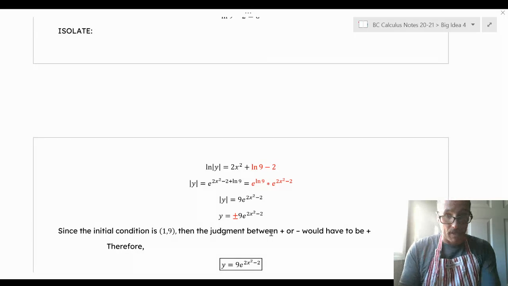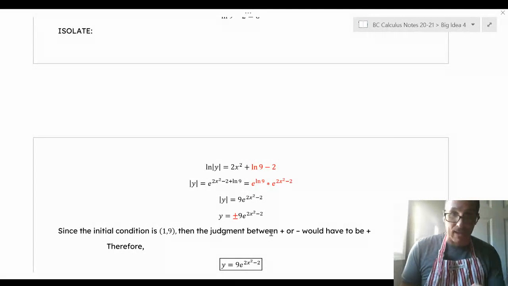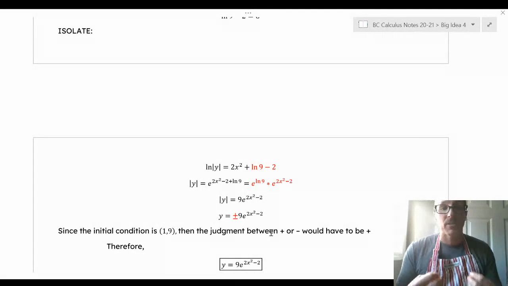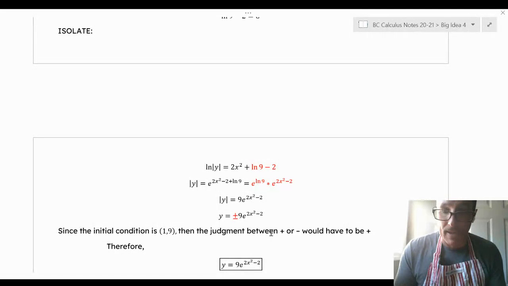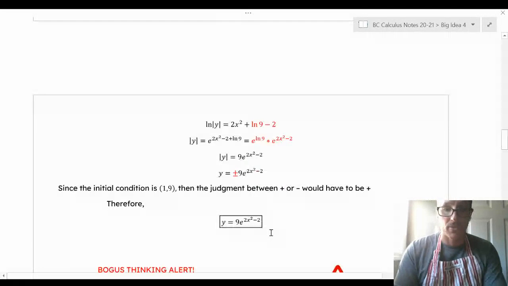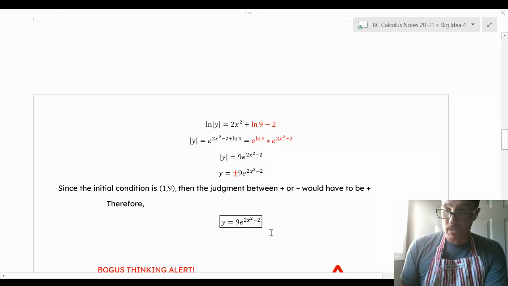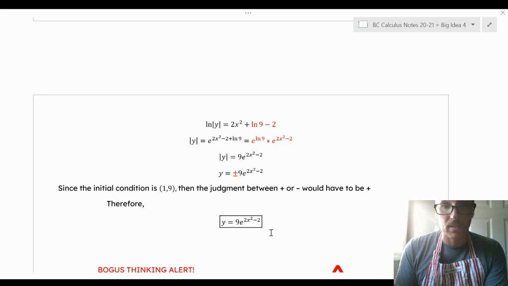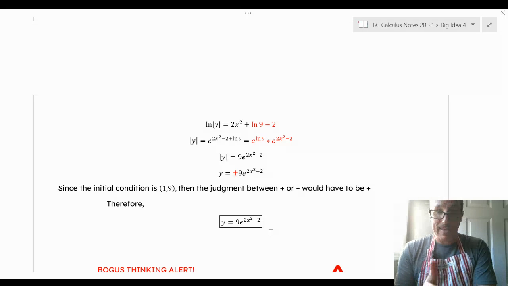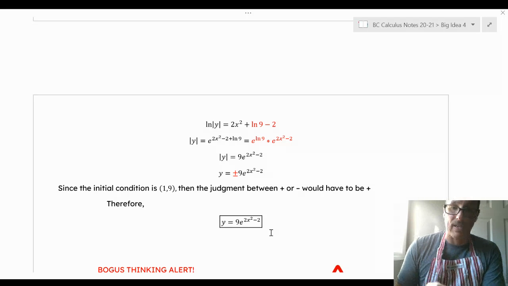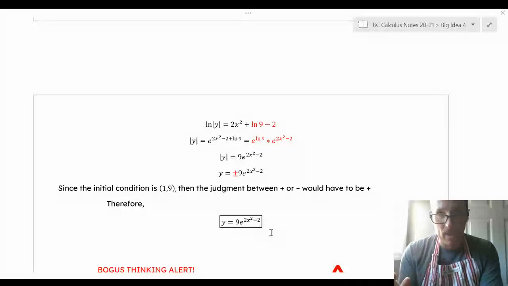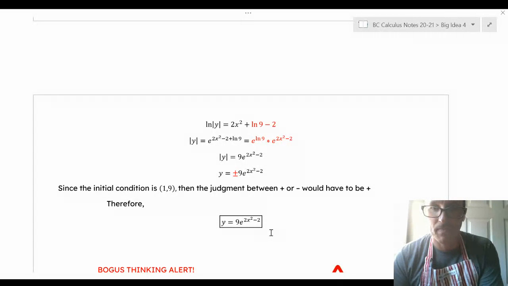When I plug in 1 to x, I've got to get positive 9. And the only way to do that is if I start with a positive 9e to the critter. So now I know the solution to the differential equation that we started with, dy/dx is 4xy, is y equals 9e to the 2x squared minus 2, with 1, 9 being the initial condition.